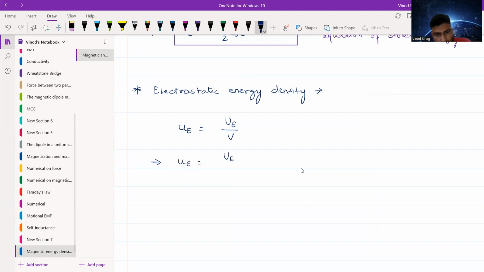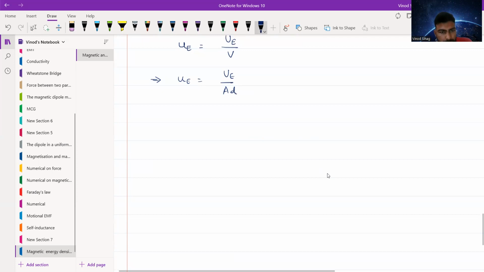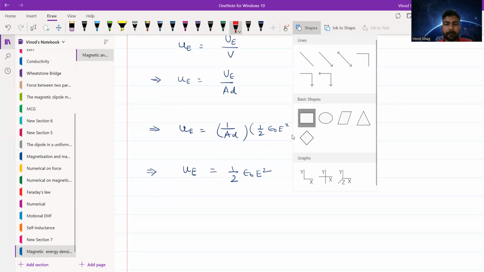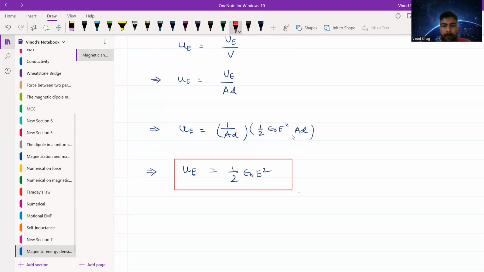So UE equals capital UE divided by A into D, which is 1 by A into D times 1 by 2 epsilon naught E square A into D. Finally, we get the electrostatic energy density as UE equals half epsilon naught E square. This is the equation of energy density.